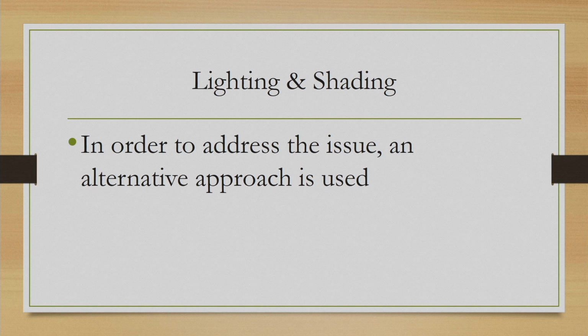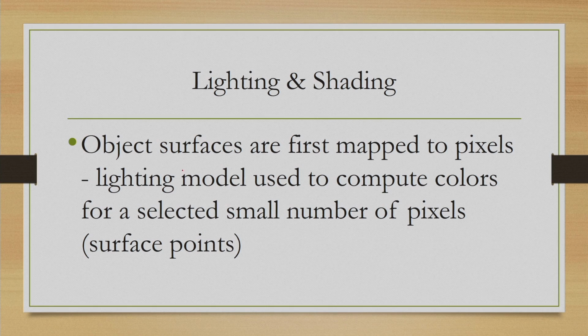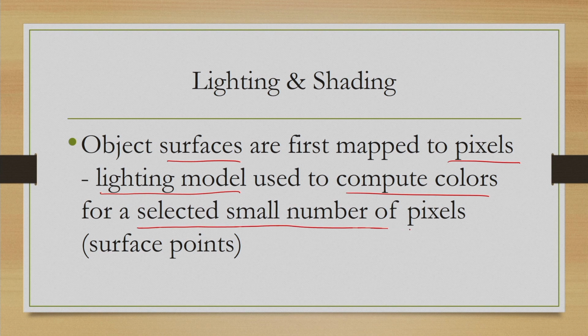Now, in order to address this issue, typically an alternative approach is used. What is that approach? So, instead of computing color at every point by using lighting model, what we do is we map the surface points to pixels, and afterwards we use the lighting model to compute colors for a selected small number of pixels.